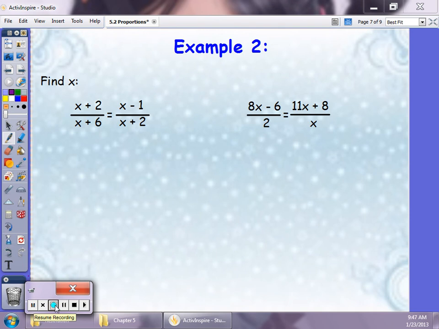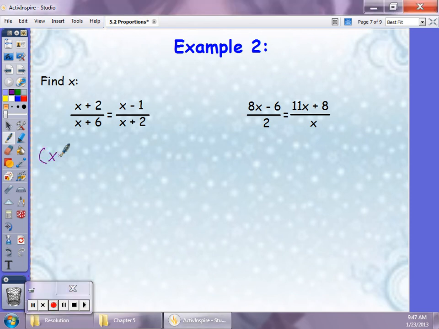For the second example, we're going to use what we know about the means extremes property, or cross multiplication. So we know that if we take a times d, which are the extremes, they're going to equal c times b, which are the means. So for this example, if we cross multiply, we can take the quantity of x plus 2 times the quantity of x plus 2, and we can set that equal to the quantity of x plus 6 times the quantity of x minus 1.